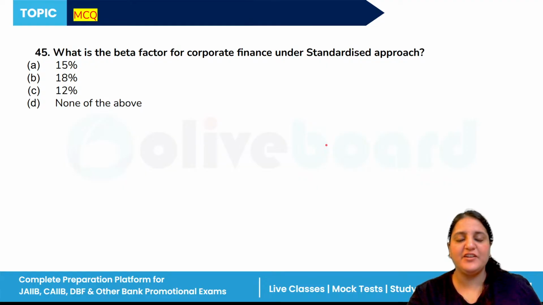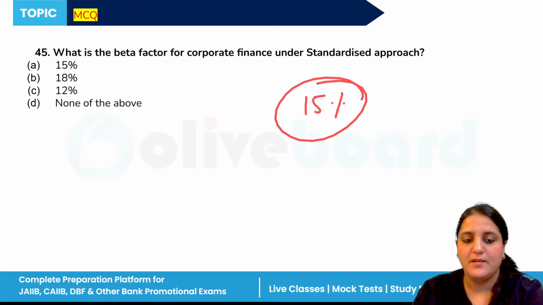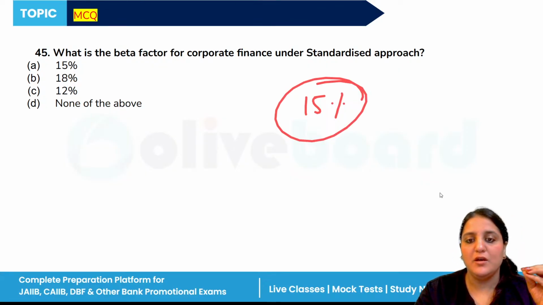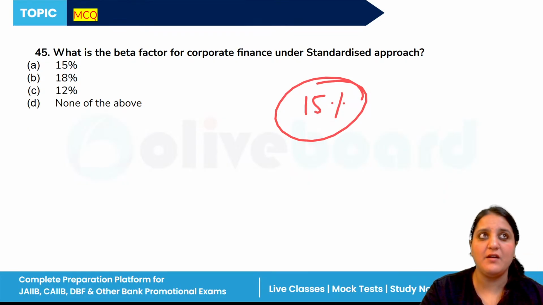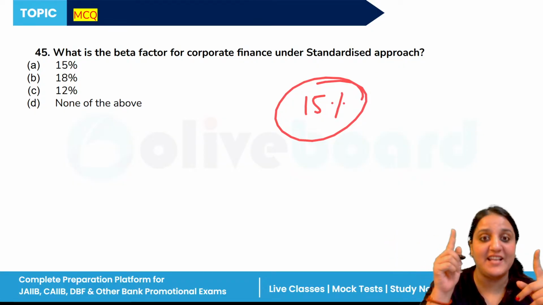What is the beta factor? The beta factor is 15%. Because under Basel, sorry, here they are asking for corporate finance, and I told you the basic indicator approach uses alpha.